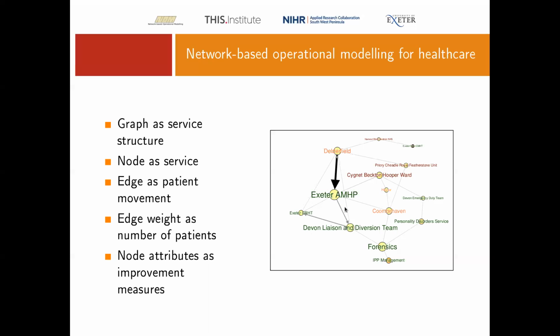So people are moving from the Exeter AMP team down to the liaison and diversion team, and then moving off to other areas, whether the CRHT or the forensics. We can start to develop a story around the movement of patients.